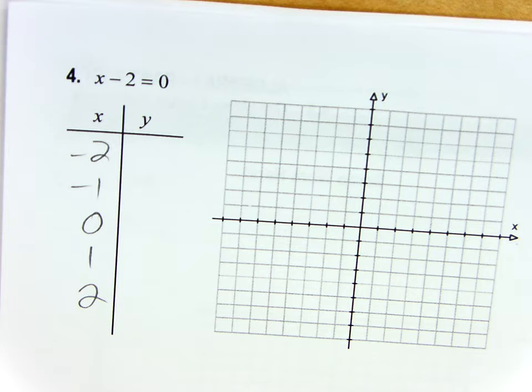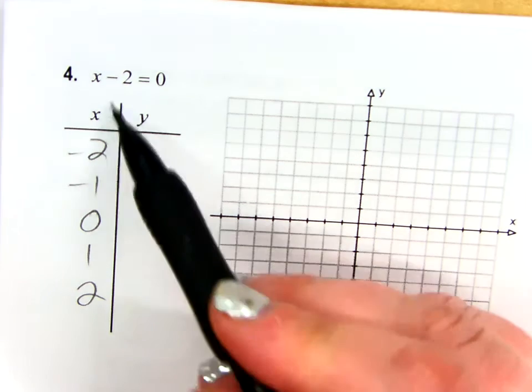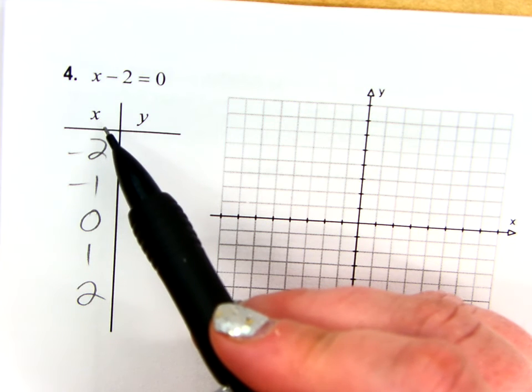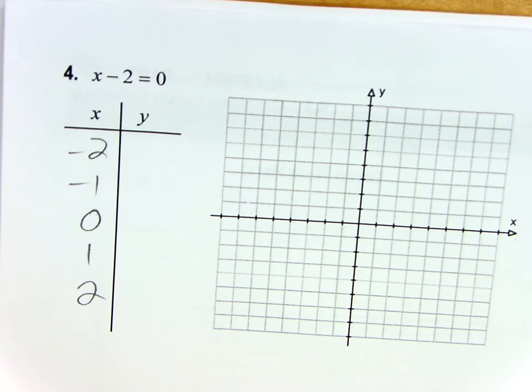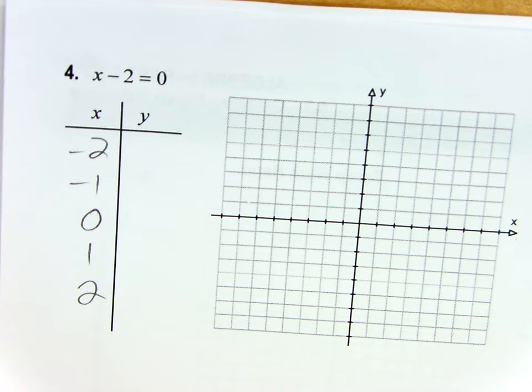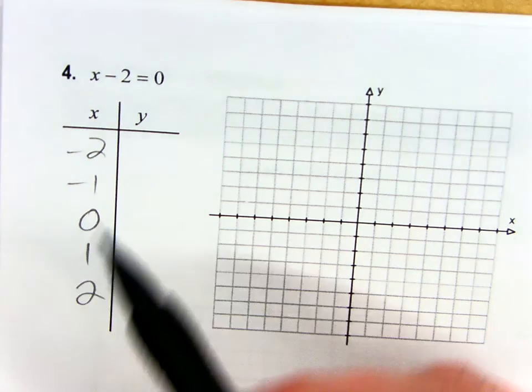Now we're going to plug these values in and see what happens. If I plug in -2, well, this is weird because there is no y at all. Actually, I wouldn't even make a table of values for this, to be honest with you. Because I don't have a y, so why would I even bother with a table? I wouldn't.